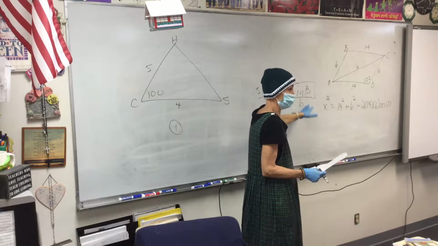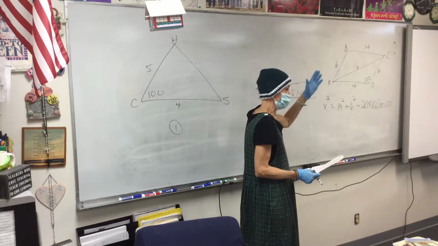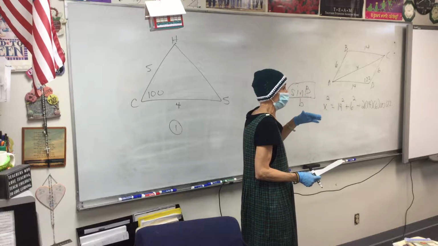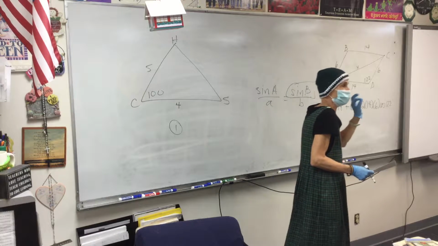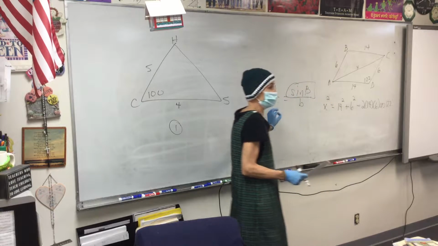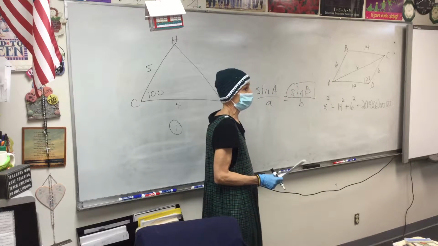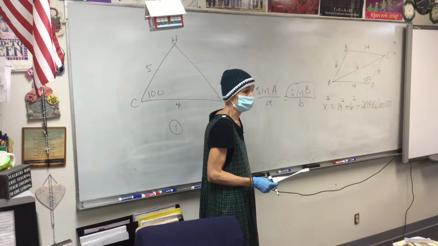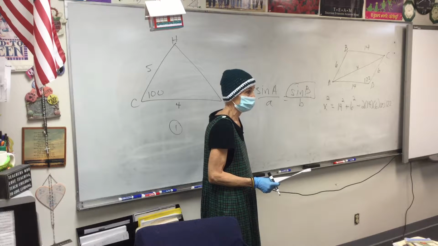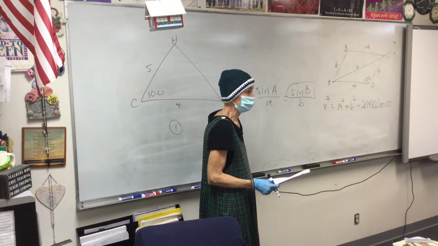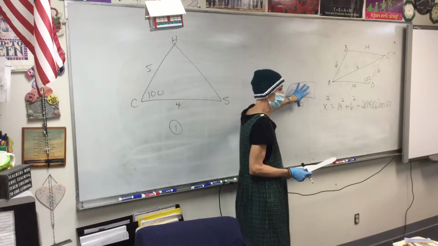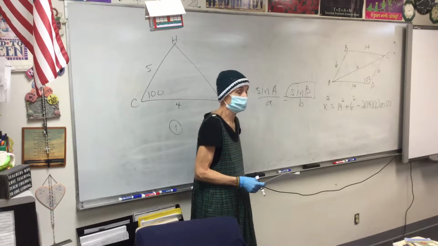Or you could have 1 or you could have 2. So when the calculator says error, you might type it in again just to make sure you didn't make a mistake. But if it says error, that means there's no triangle possible. And that's going to happen sometimes with this setup.